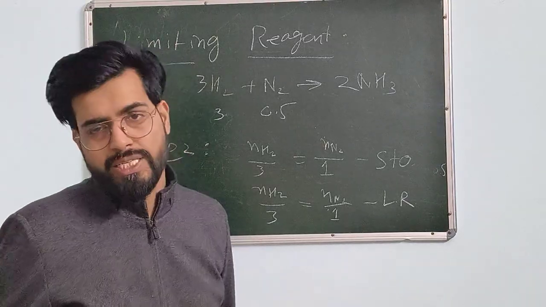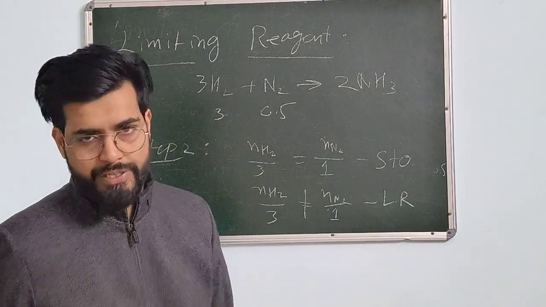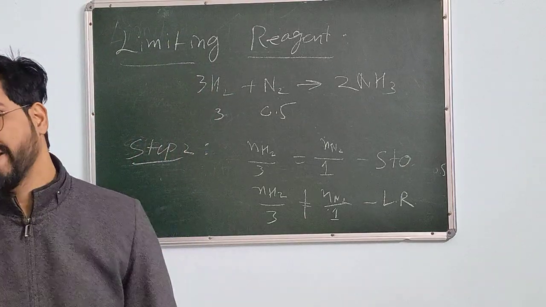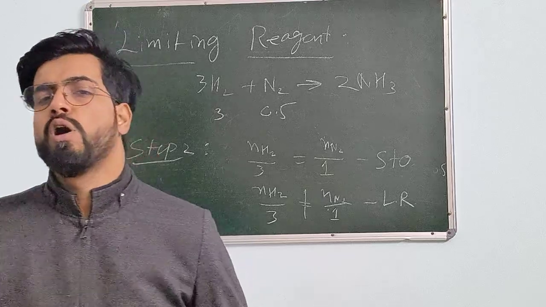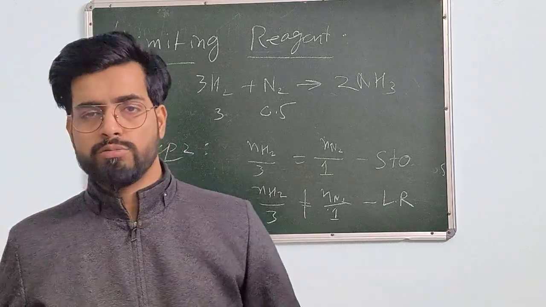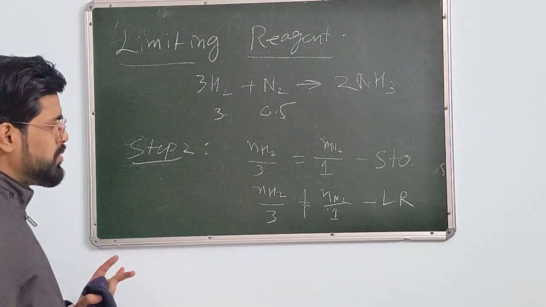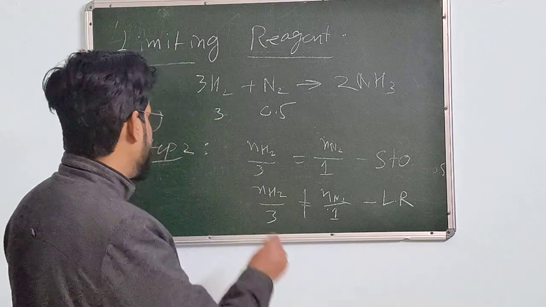If they are not matching, then the problem is related to the limiting reagent. Through that, you can identify whether the problem is related to stoichiometry or the limiting reagent. Now we are applying this step on this reaction.